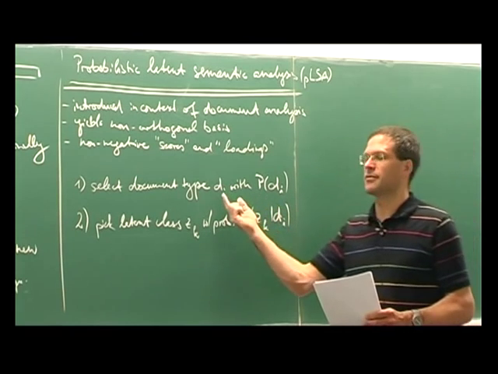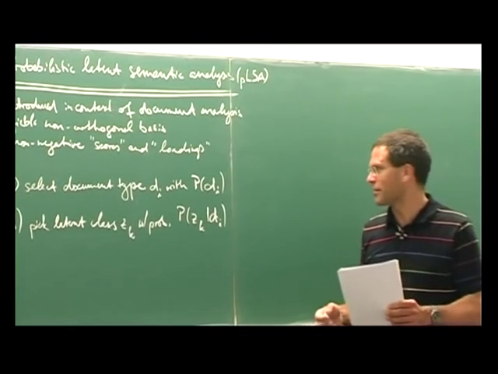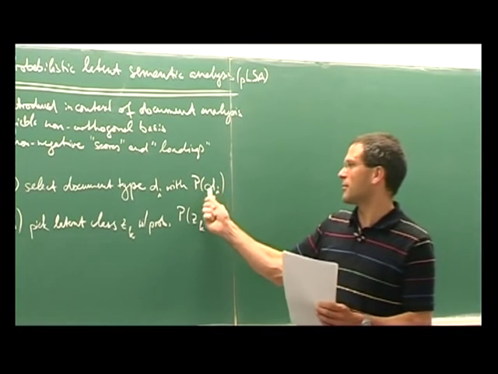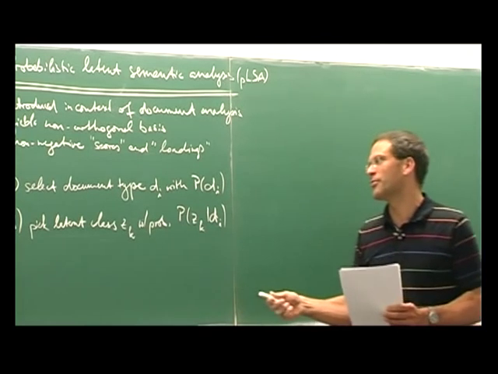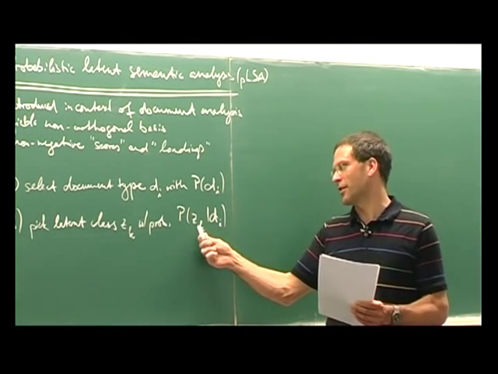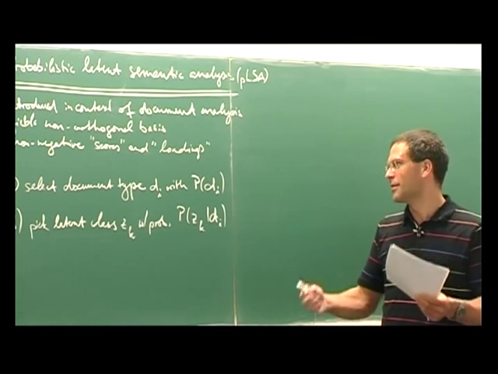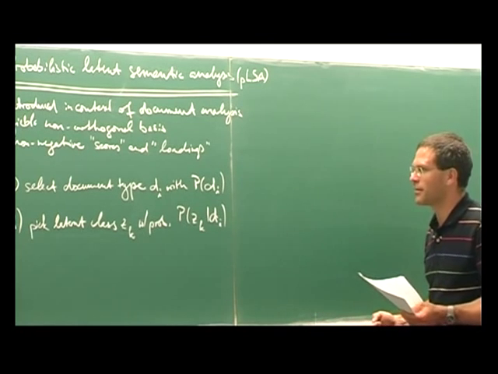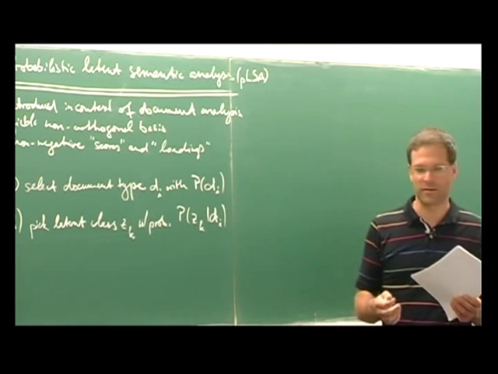So let's say a document type could be an article in The Economist versus an article in the Sun boulevard tabloid journal. Then secondly, you would pick the latent classes. So if you are going to read an article in The Economist, it will probably be something to do with exchange rates or with crude oil or with recent technological inventions. If it is an article from the Sun tabloid journal, it will more likely be a royal wedding or things like that.